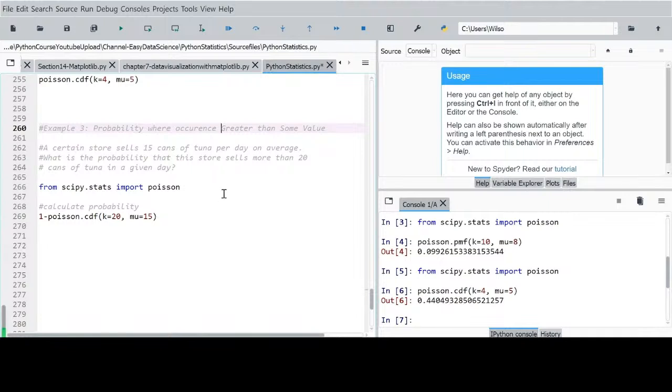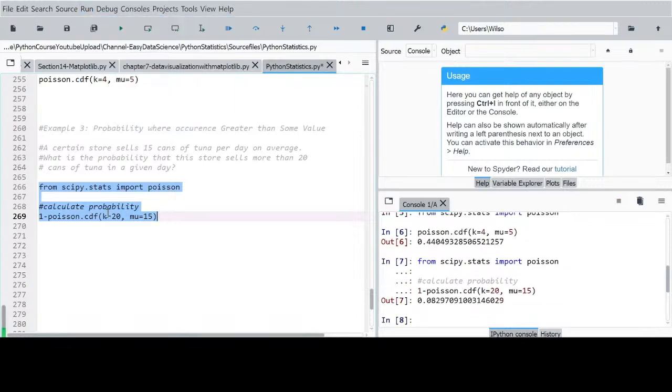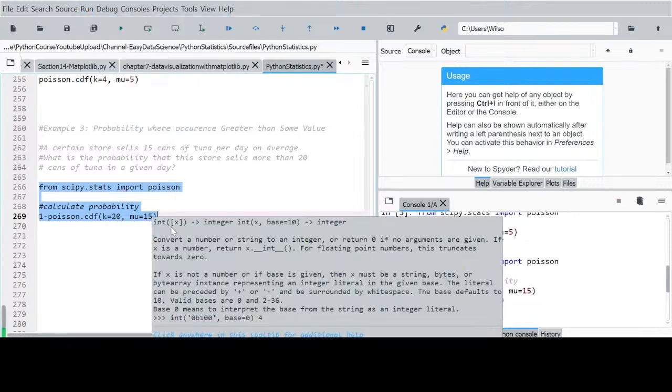So here we want to know the probability of the Poisson count being larger than a certain value. So we can calculate the cumulative probability of less than or equal to this certain value, then use 1 minus this cumulative probability. Right? So we just fill in k as 20 and mu equals 15.